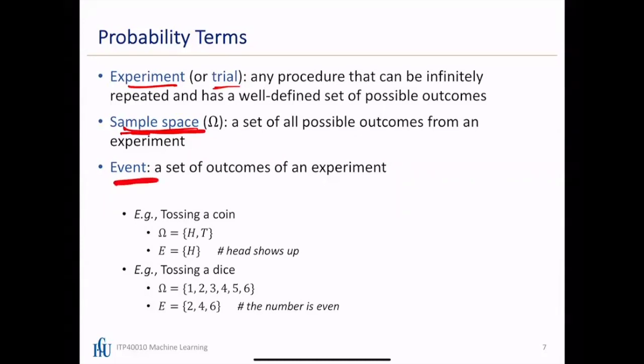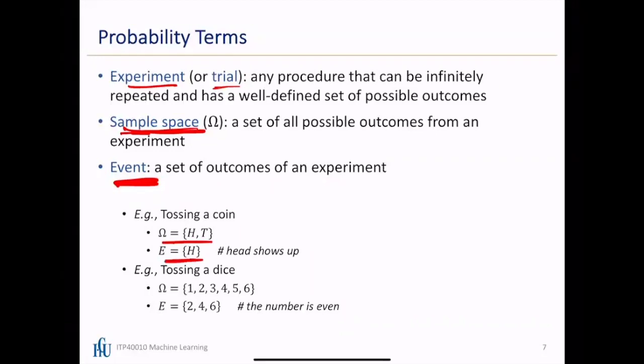While we are making observations, while we are doing some experiment, the outcomes are called events. Thinking about coin tossing, the sample space is head or tail, and an event is one single event or a series of events.